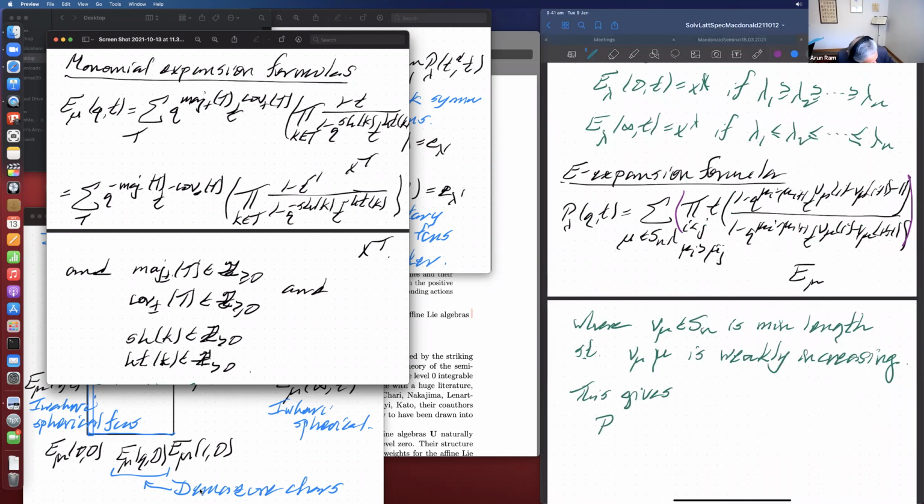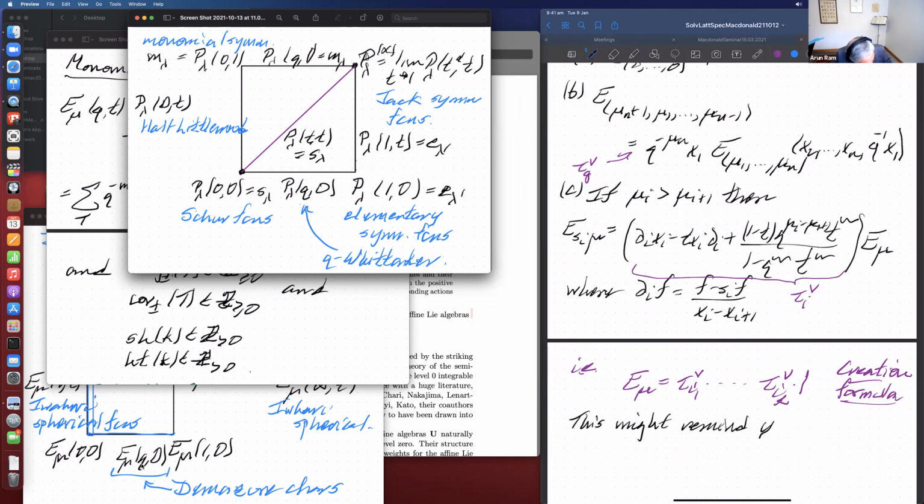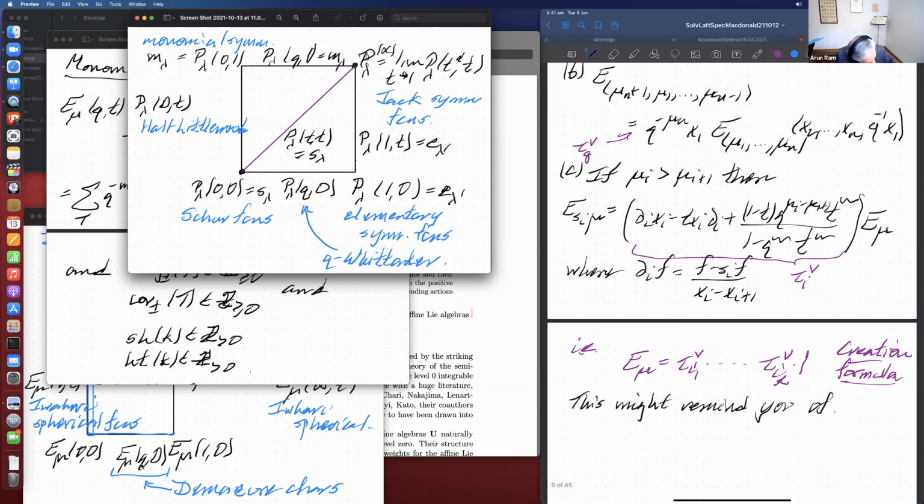And this might remind you of two formulas. The first one is a formula for Demazure characters.